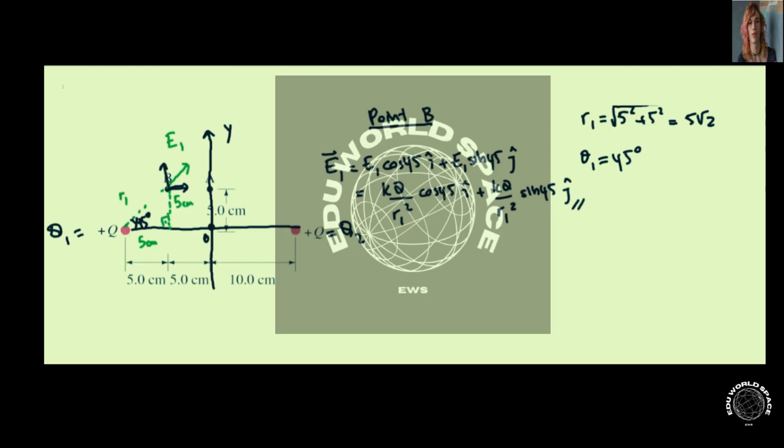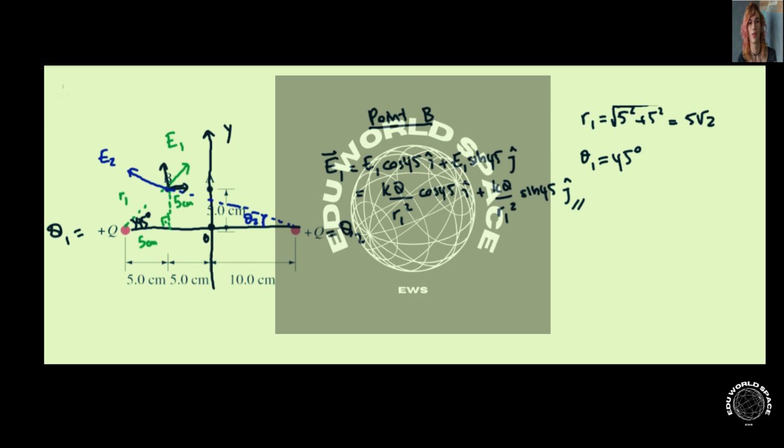Now let's switch to E2. Again, this is a positive charge, so E2 would be along this line that connects Q2 to point B. So E2 looks something like this. Again, the angle here is now theta 2.